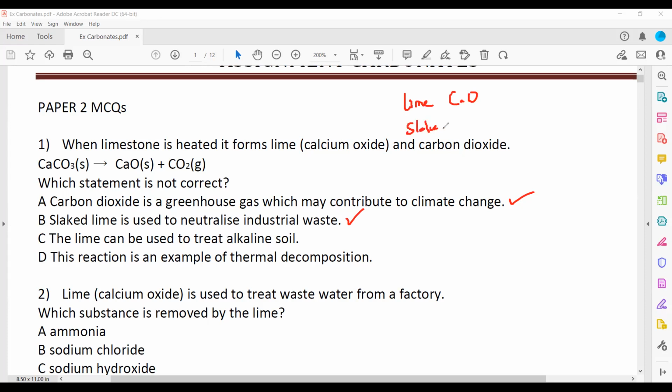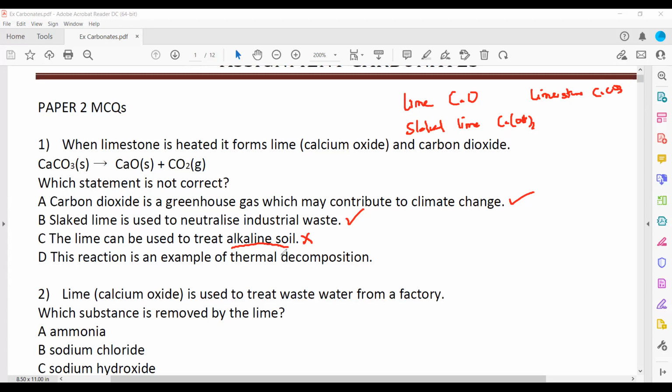Slaked lime is calcium hydroxide, and limestone is calcium carbonate. We can use all of them to treat acidic soil, but here it is written they are used to treat alkaline soil, so that's why it is wrong. We don't treat alkaline soils, we treat acidic soil.